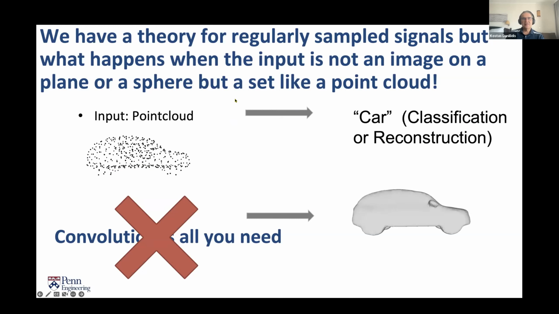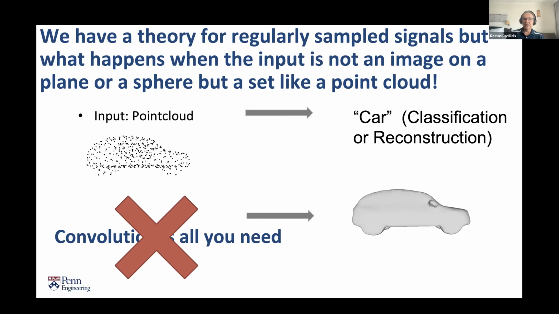So for many years, we had argued that convolution is all you need, in particular group convolution, the same way that any translational convolution system is translation equivariant. So any group convolution would actually be equivariant to the particular group.